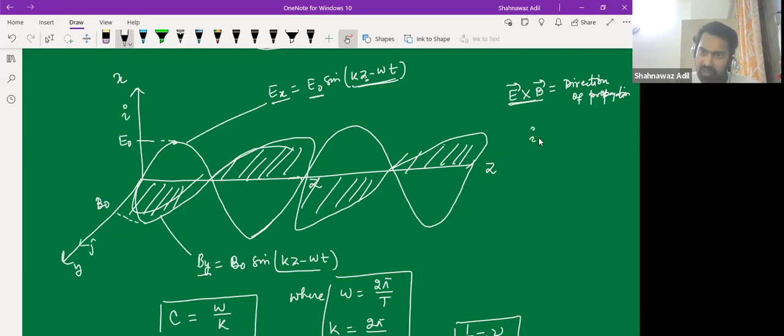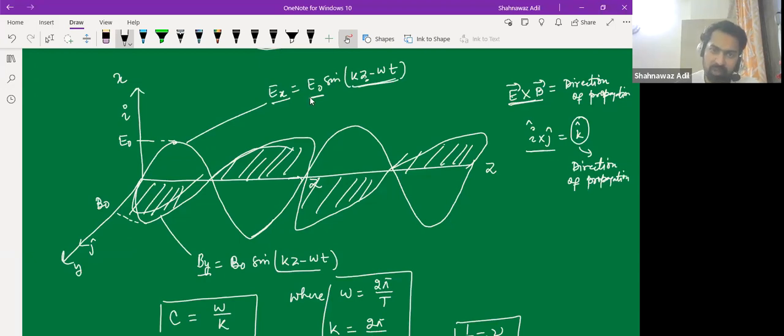So I cross J would be what? I cross J is how much, guys? K, right? So whenever we take the cross product of the directions of the electric and magnetic fields, we get the direction of propagation. This we have to remember.